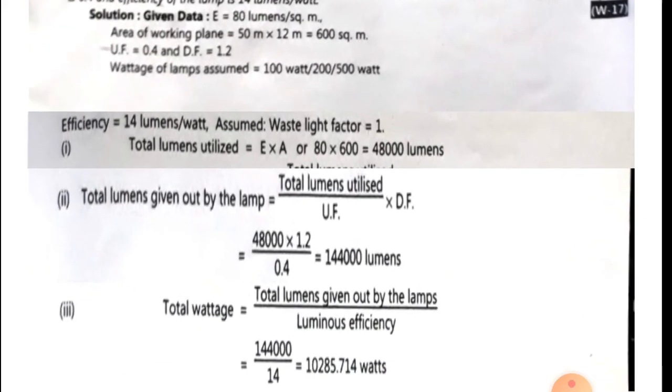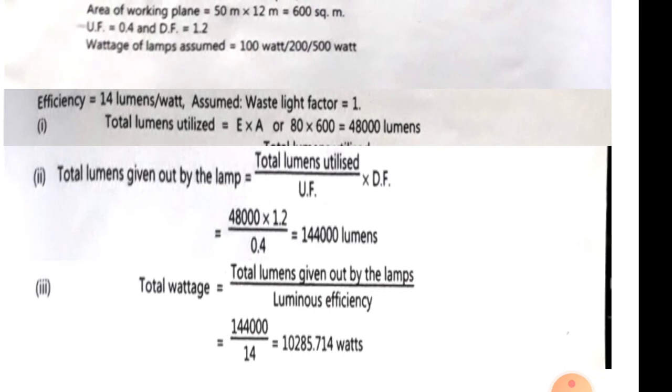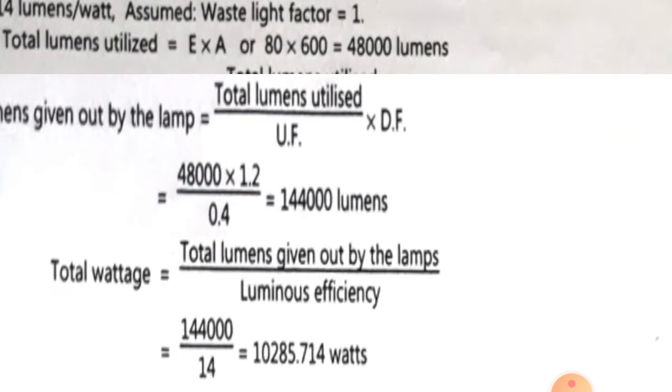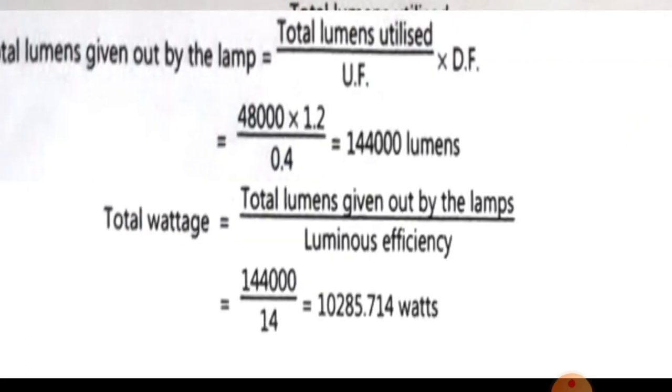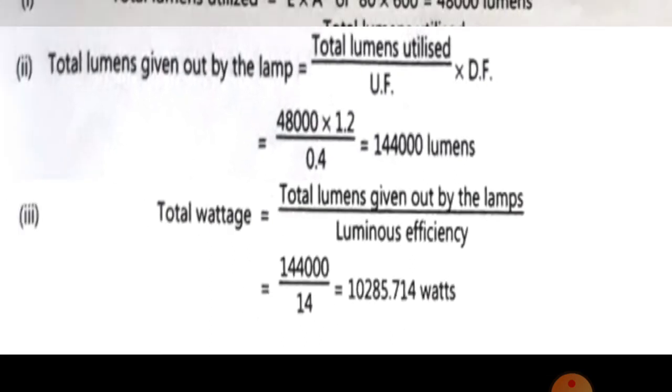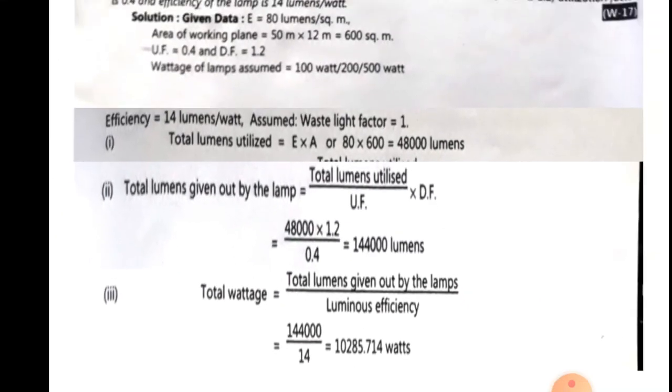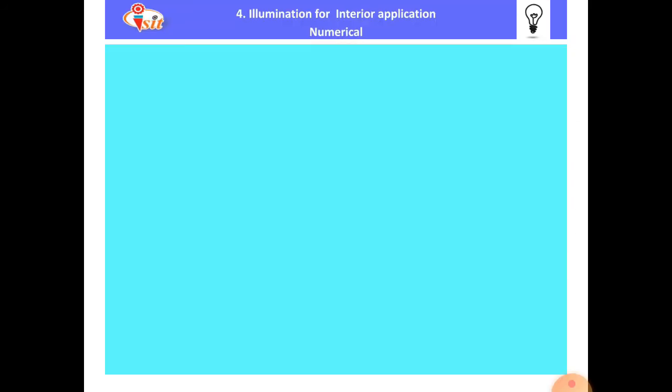Now for finding the total wattage, I have to consider the luminous efficiency of that lamp. So dividing the total lumens given out by the lamp by the luminous efficiency, 1,44,000 divided by 14, it gives the value 10,285.714 watt. So this much wattage is required to illuminate the hall or room.